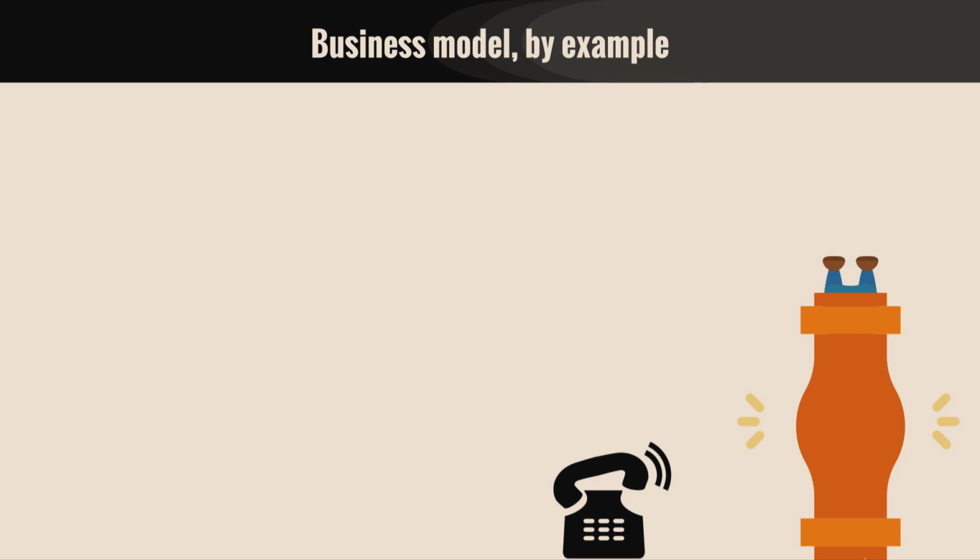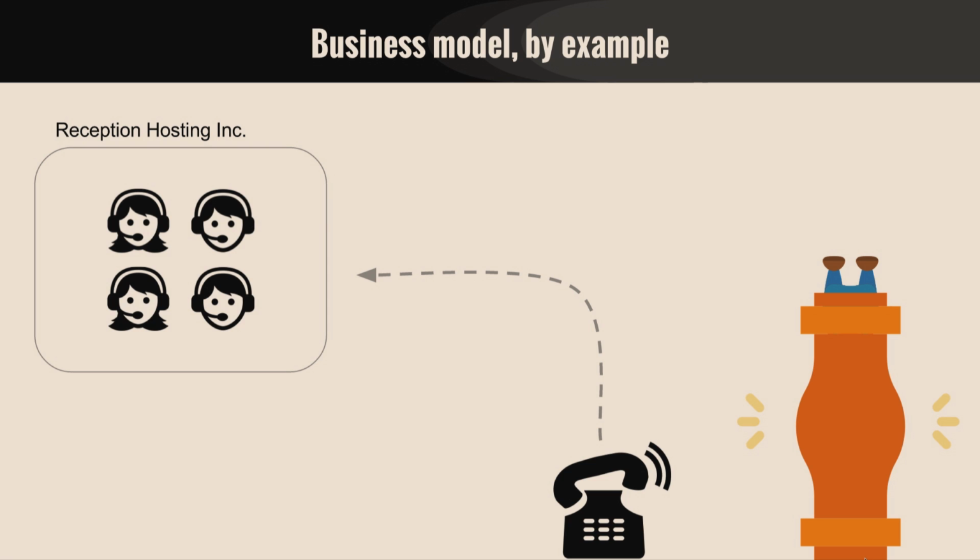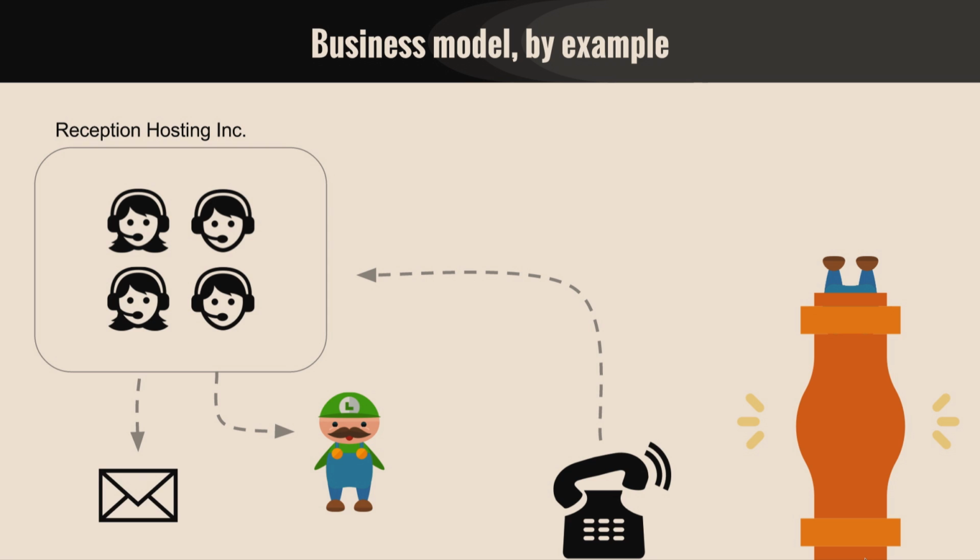Luckily, Mark has a reception hosting service at Reception Hosting Inc. And what they do is pick up his phone and send it to Lars, if he's available. If he's not available, they could just take a message. So this is basically what they do.